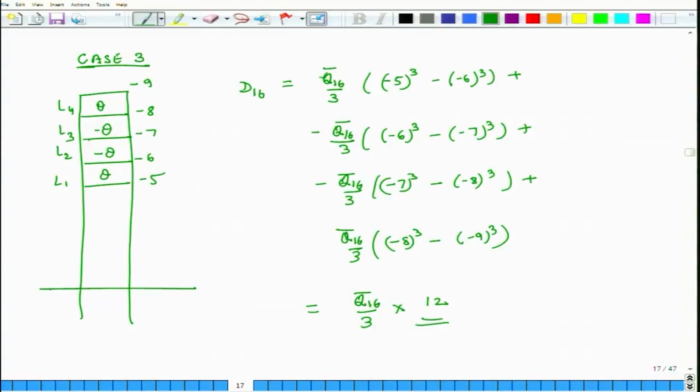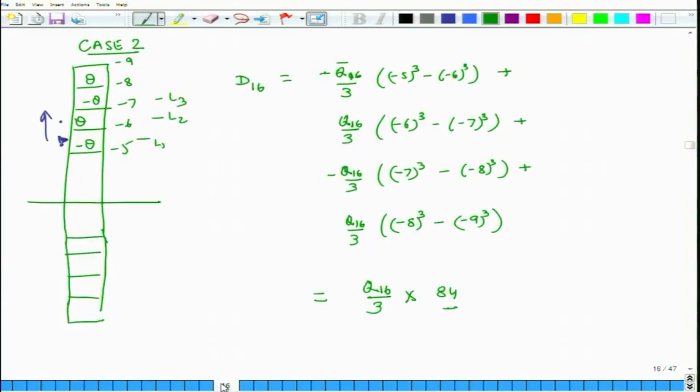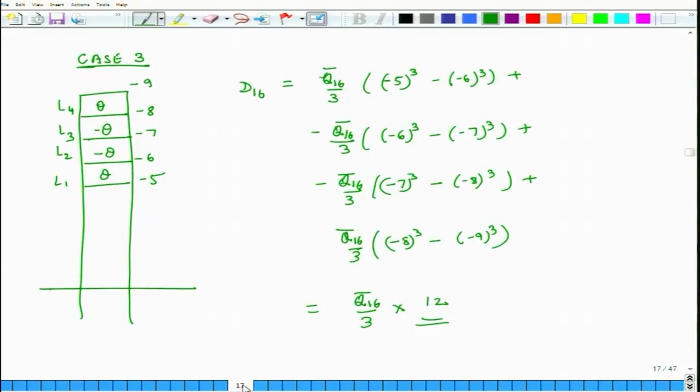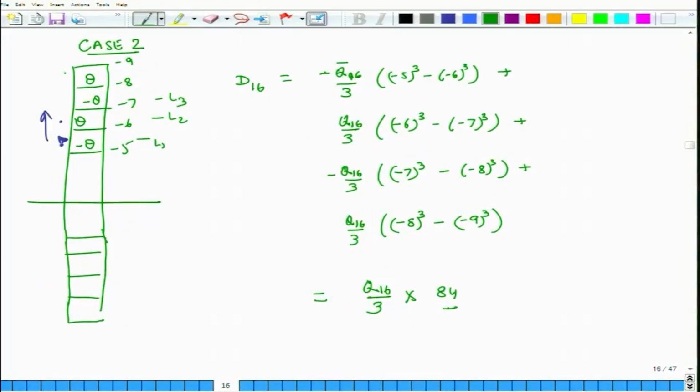And the reason this third case is better than second case is because if you look in the second case, here we have a 9 cube term and that is being reduced by a 8 cube term from here, okay. And then 9 cube is larger than 8 cube, and then again we have a 7 cube term here and that is being reduced by a 6 cube term from the layer below.